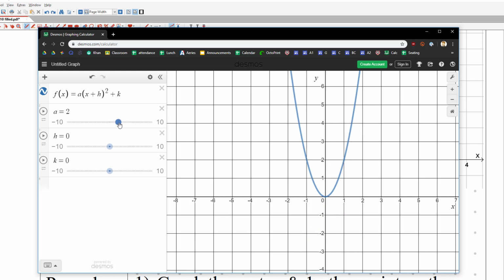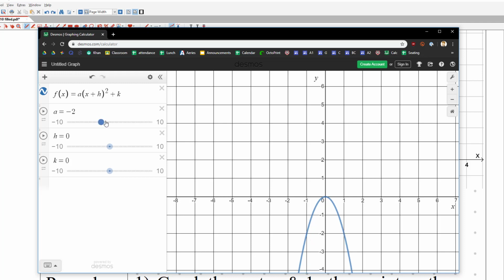When I have a bigger number, pretend this mouse is my hand. I'm pulling it up, stretching all the heights up. Another way of thinking of it is I'm multiplying the heights by this 4, which makes sense when I have a negative number too. I'm multiplying the heights by negative 3, so they were positive in the parent function, but when I multiply them by a negative, they flip down here.